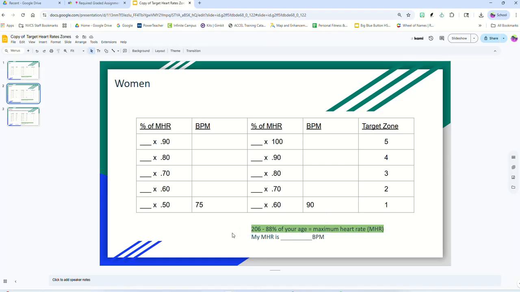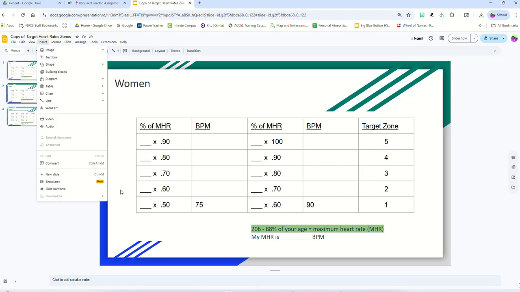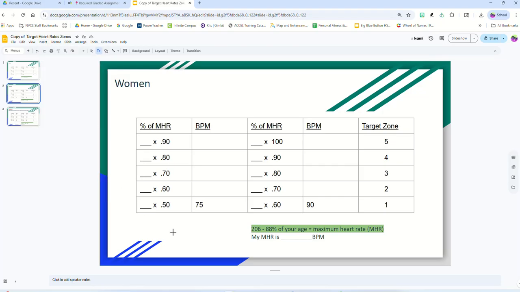So the first thing we need to do is calculate 88% of our age. How you do that is you put 0.88 for 88% times your age. Mine was 64. So this number needs to be you, whether it's 12, 13, 14, not sure.